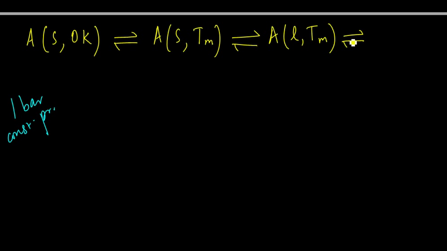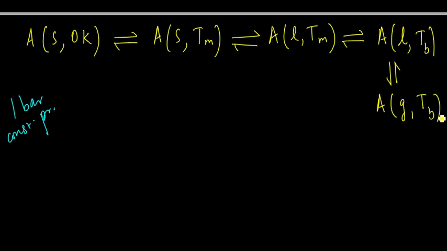It goes to a liquid at the boiling temperature, goes to gas at the boiling temperature. And then I heat it further so that it stays a gas at some temperature T. I wish to calculate the change in entropy.